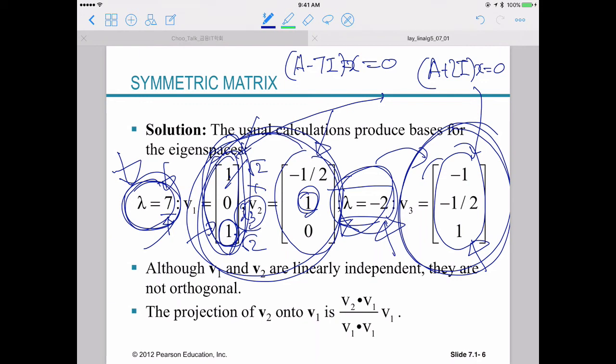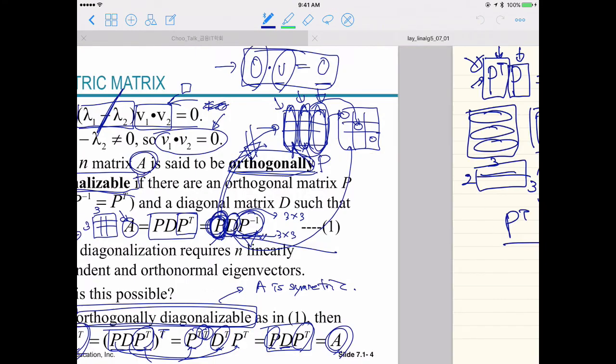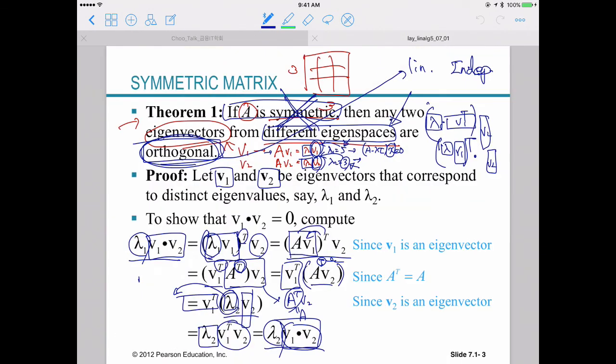The question is: we have two vectors on the left and one vector on the right. Are they orthogonal to each other? The answer is yes, and that is what we proved in the very first theorem.